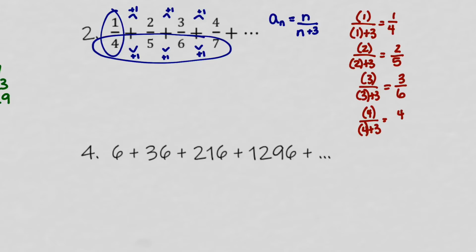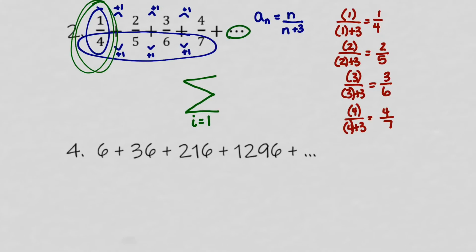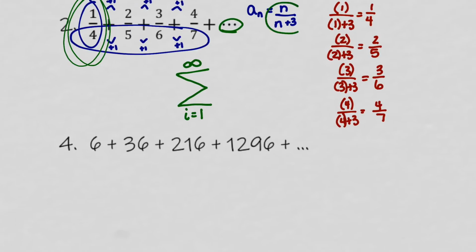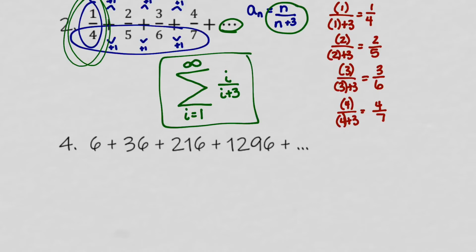So I end up with 4/7. So that is my rule, but to write it in summation notation, start with your sigma. We're starting with the first term here, so i or k or whatever one you choose to write with. And this has dots on the end, so it goes to infinity. And then I write my equation there, but I'm going to use the variable i because that's the variable I put in my sigma.